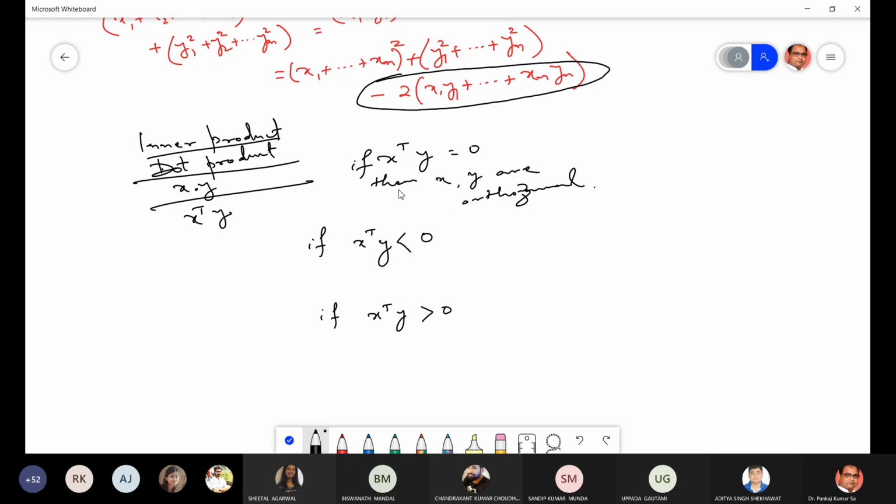Then x and y are orthogonal or perpendicular, x perpendicular y, 90°. Otherwise, they form an obtuse angle and acute angle. Acute means less than 90, right?